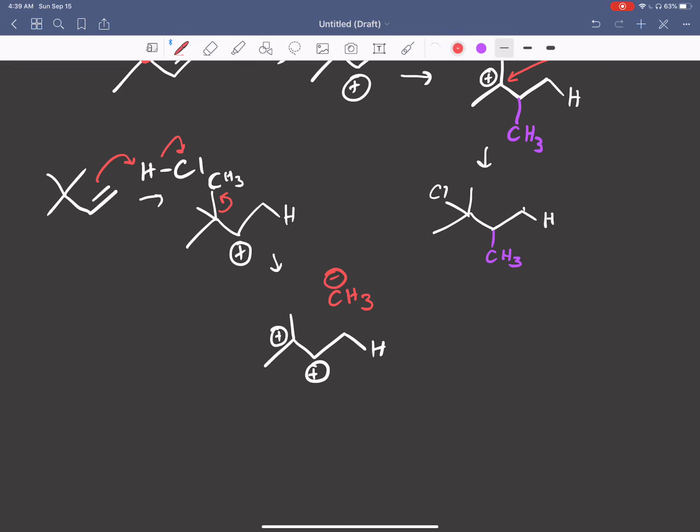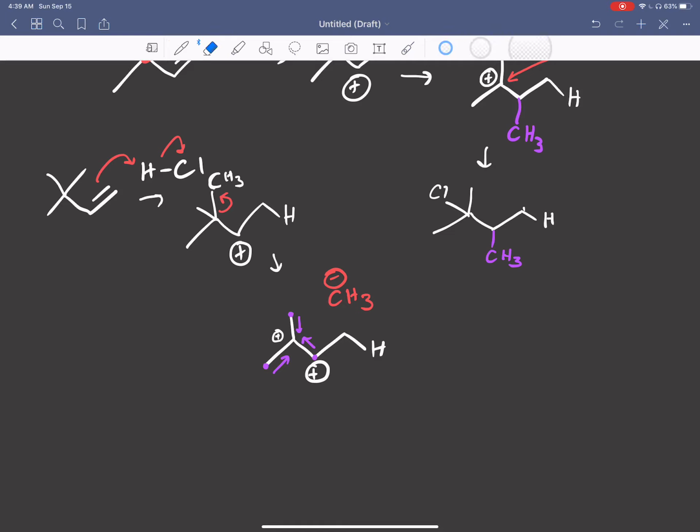And so, because we have 3 carbon groups here that donate electron density over there, that positive charge is going to be a little bit smaller.